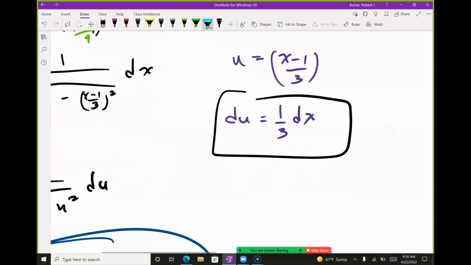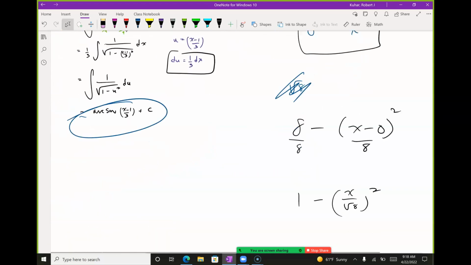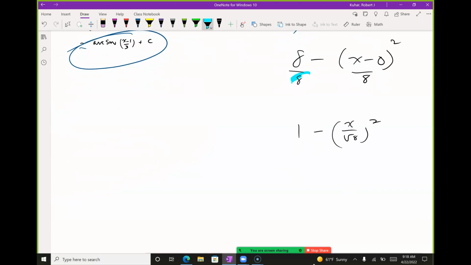So I got the 1 here when I divided the ones on the outside of the square. What's being squared even? Even if we don't have a number there, that's what you've got to do.